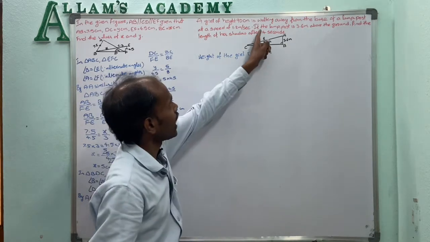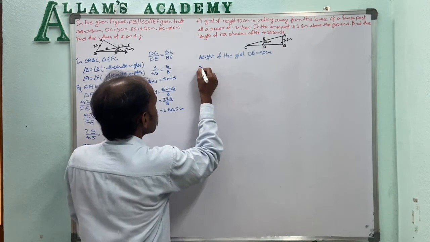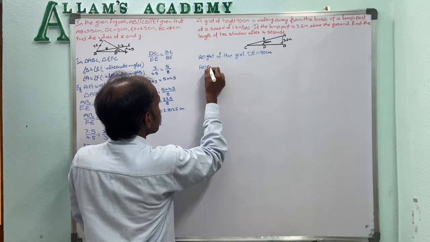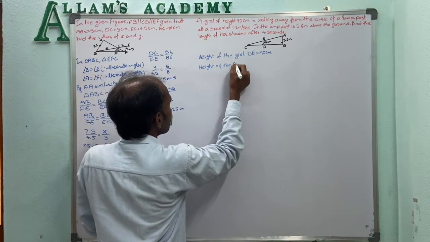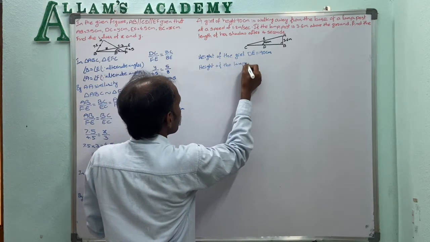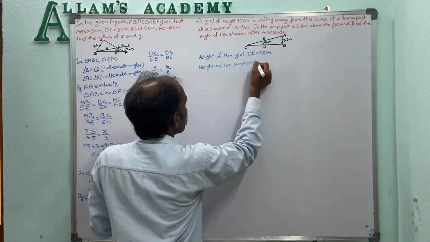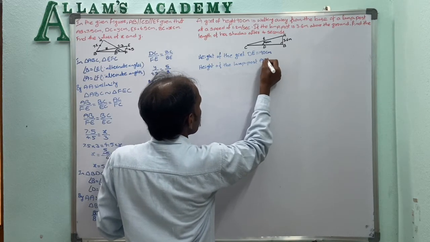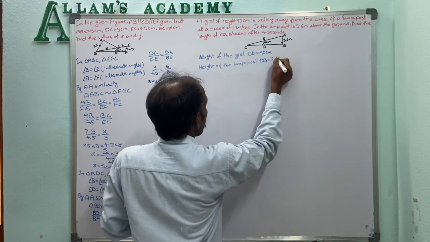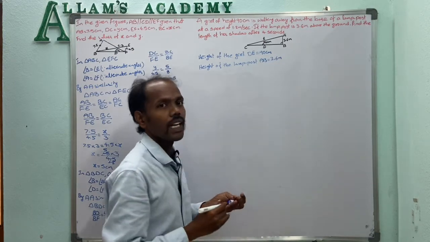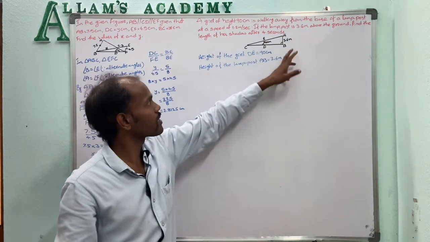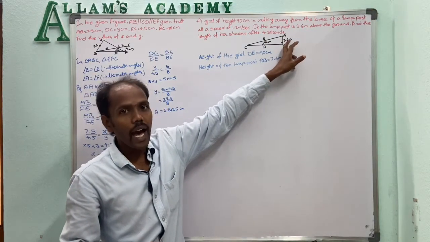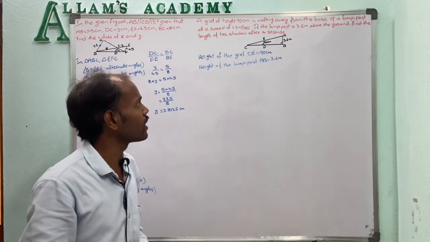Next, height of the lamp post, that is AB equal to 3.6 meters, given. If we observe, height of girl is 90 centimeters, height of lamp post is 3.6 meters, given.